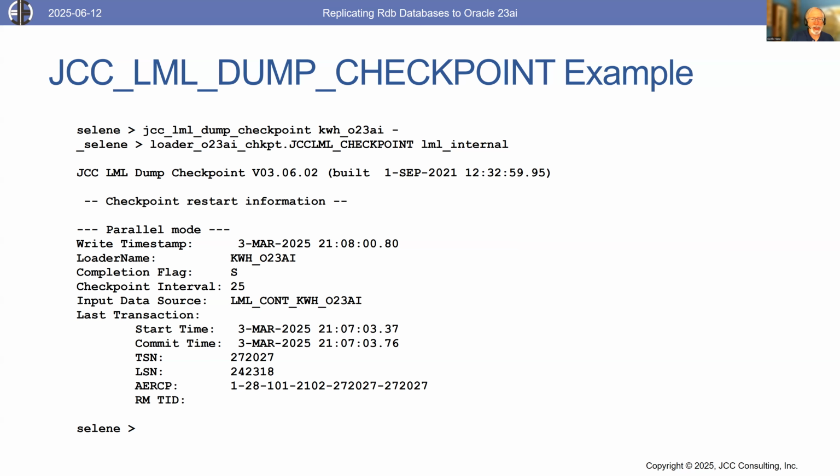The 101 is an RDB AIJ sequence number. The 2102 is a virtual block number. And then the last 2 numbers are transaction sequence numbers. But this is constructed in such a way that we write the checkpoint only after the data has been committed on the target database, which allows us to restart at the correct point.